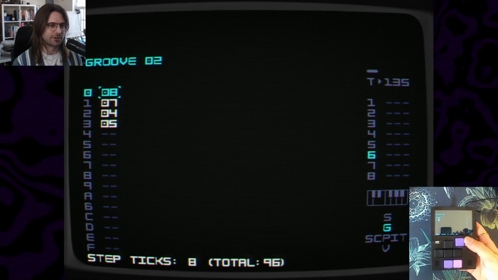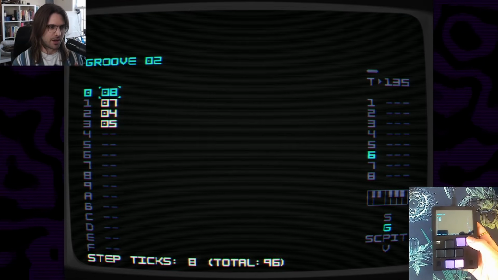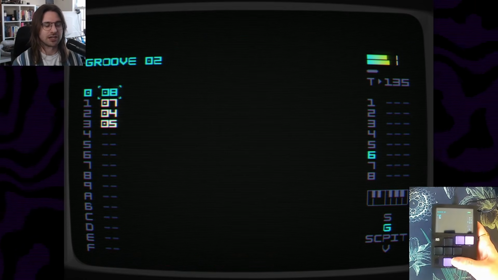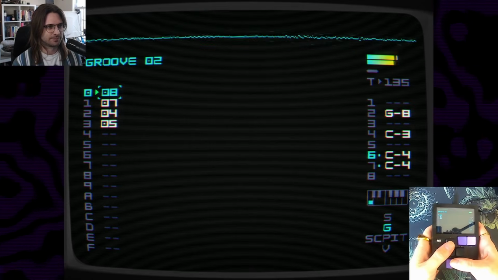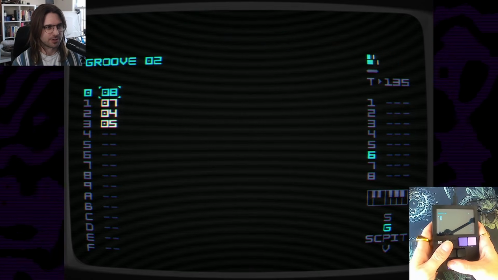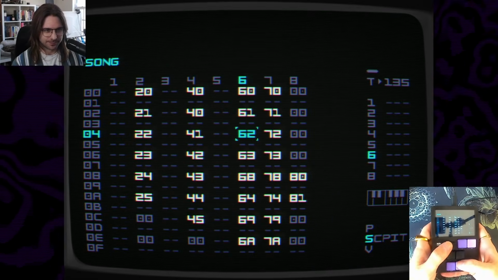If I hover over these and hold edit, my total number of ticks is still 96. So I'm not changing the length of the phrase at all with my particular eighth note swing situation here.